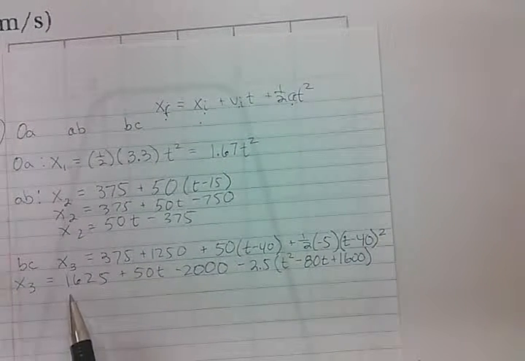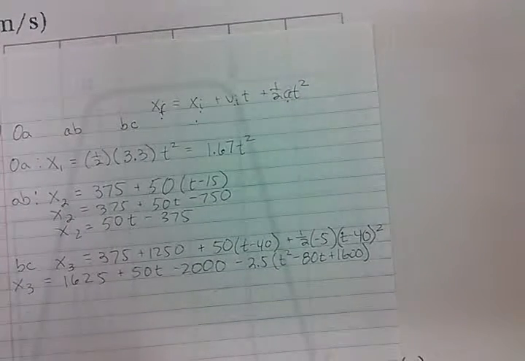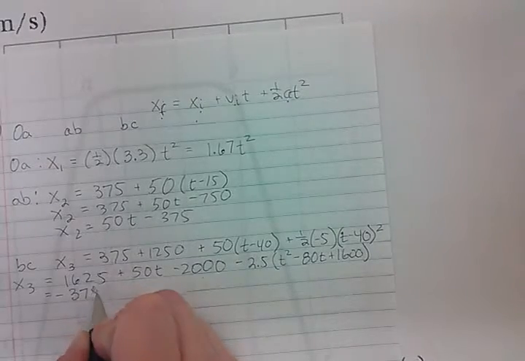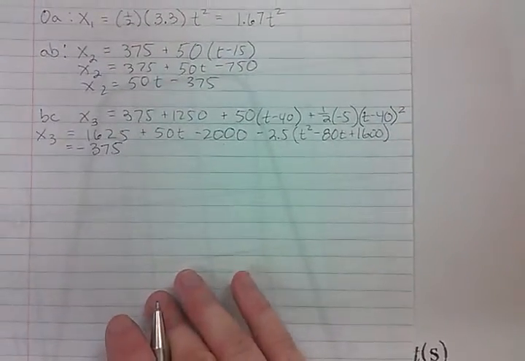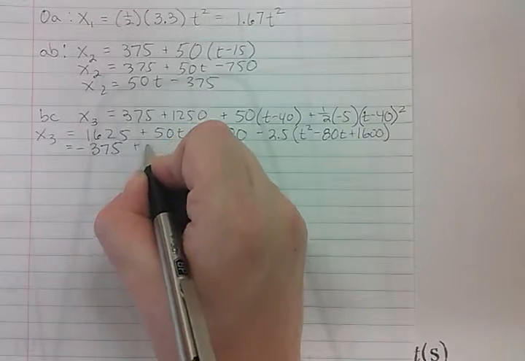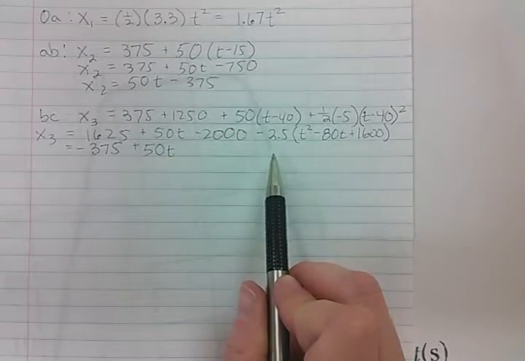Okay, now let's start combining like terms. So we'll do this number and this number. And that gets us negative 375. Now let's distribute this negative 2.5.